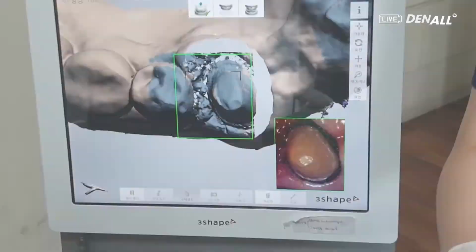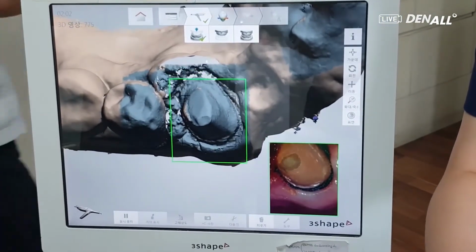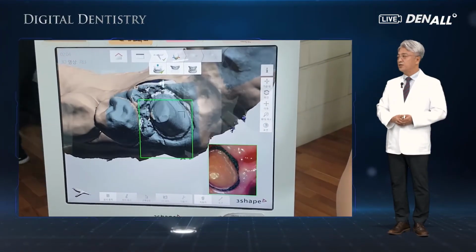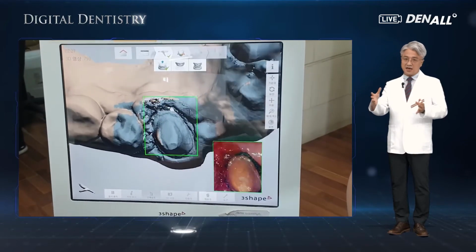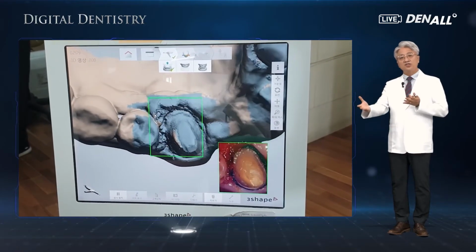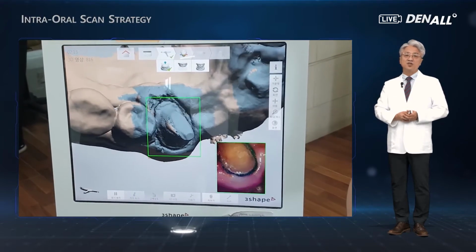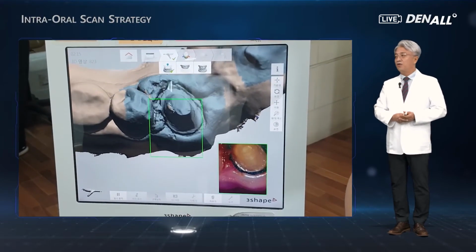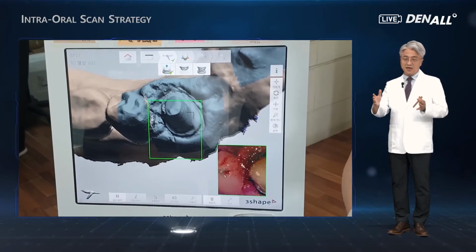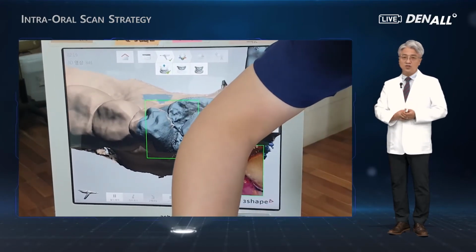For crown scanning, I believe the most important clinical point is for good acquisition of scan data, deep subgingival margin formation should be avoided as much as possible to expose margin with cord for margin scanning.